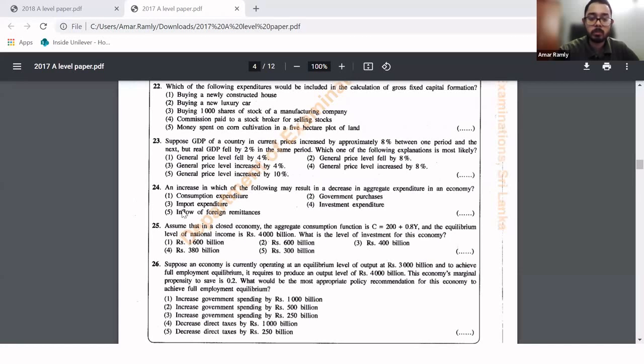Let's move on to 24. Have a go and let me know what you get. This should be a question where you get the answer like this.